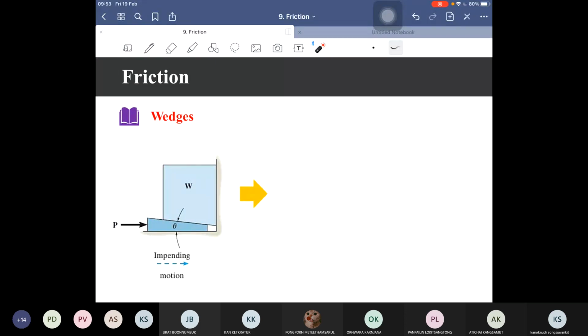Okay, we use the wedge to support this box placed against the wall. For this system, we can draw the free body diagram by separating these two boxes from each other. So we have the free body diagram of the wedge and the free body diagram of the box.